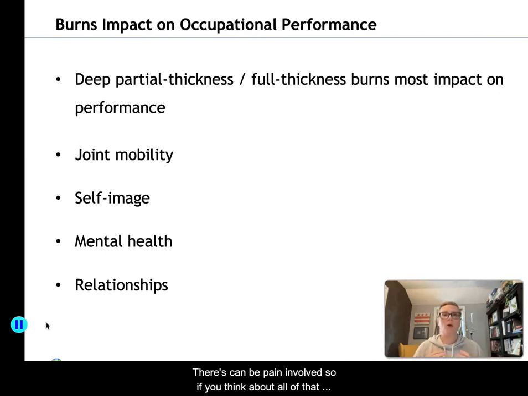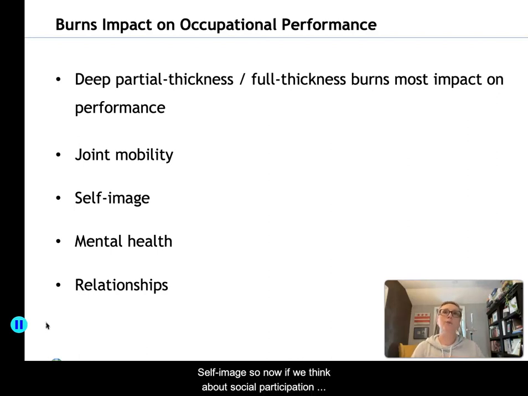So if you think about all of that and how that impacts your ability to get dressed in the morning, how it impacts your ability to drive a car, pick up your child, go to school. If you think about those deeper burns where they have more surface area, how does that impact one's self-image?